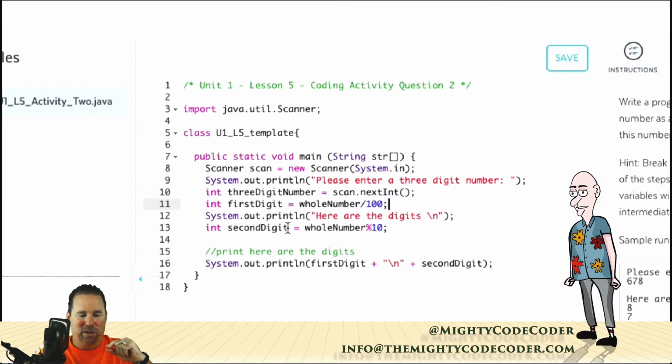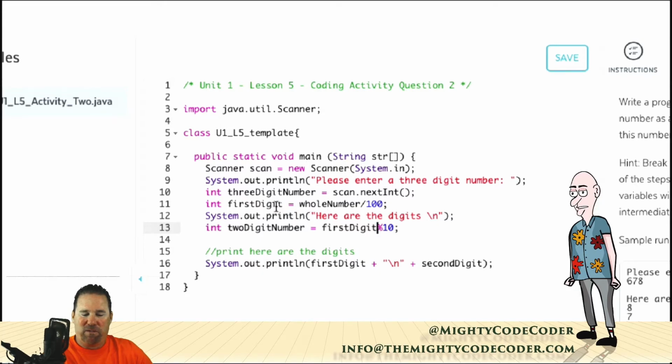So what I want to do is make this a temp. And in fact, I could call this the two-digit number. Yeah, let's do that. It's going to take the first digit number and mod it by 10.